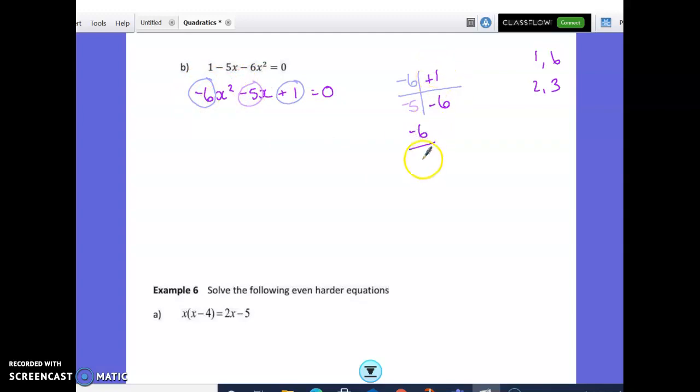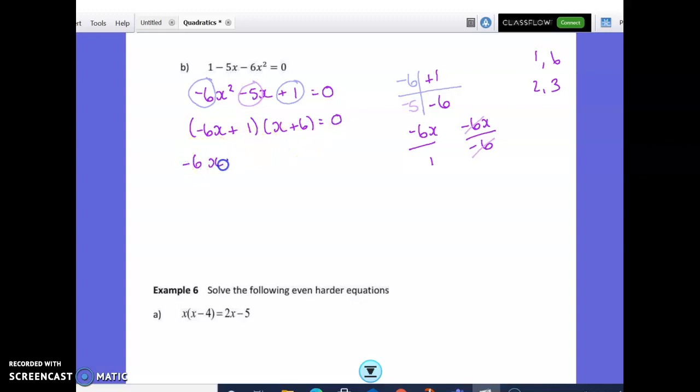So I get minus 6x over 1, and I get minus 6x over minus 6. So here my minus 6's cancel, and the negatives cancel as well, because a negative divided by a negative is a positive. So in my brackets I get minus 6x plus 1 and x plus 6 equals 0.